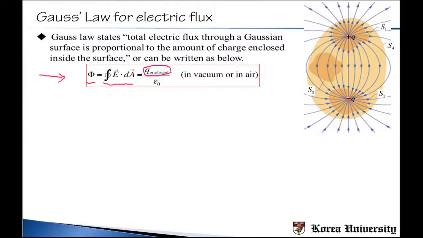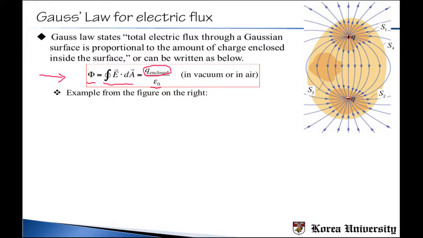And whenever you have two values proportional to each other, you need a proportionality constant. Here, the epsilon naught, or actually the inverse of the epsilon naught, plays the role of the proportionality constant. And what is this epsilon naught? Do you remember its name? Its name is the electric permittivity constant. Okay.